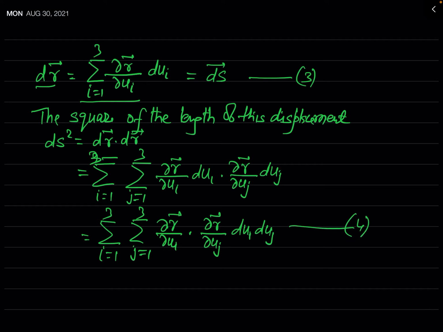Now it is obvious that this vector del r by del ui, in general, is actually tangential to the ui curves.